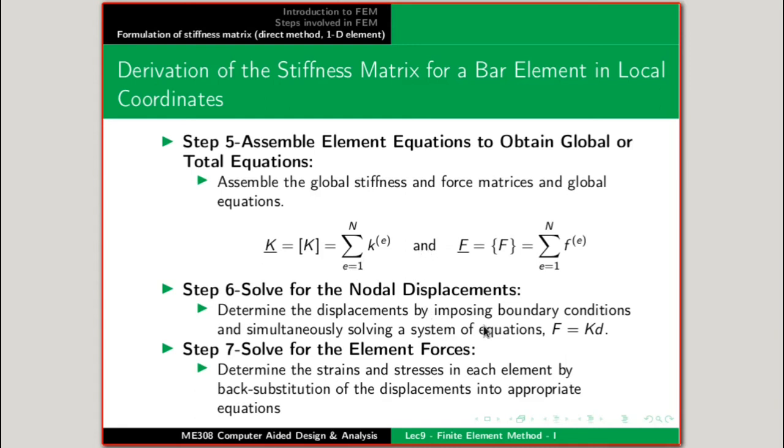These global equations are then solved for nodal displacements. F is equal to KD represents the global equations, where F is the global force vector, D is the global displacement vector, and K is the global stiffness matrix obtained by assembling the element stiffness matrices.